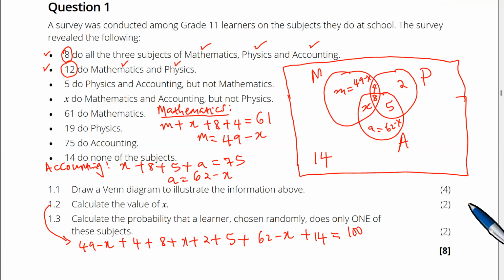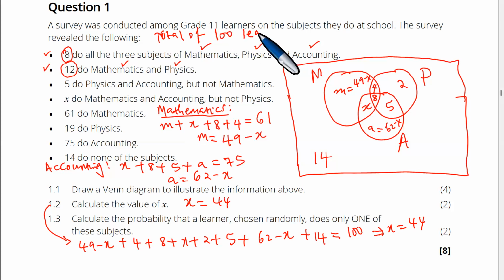If you do that, I'm expecting that you must be able to get x equals 44. So you can just do that arithmetic there. So the actual value of x here is 44, if we have the understanding that we are dealing with a total of 100 learners altogether.